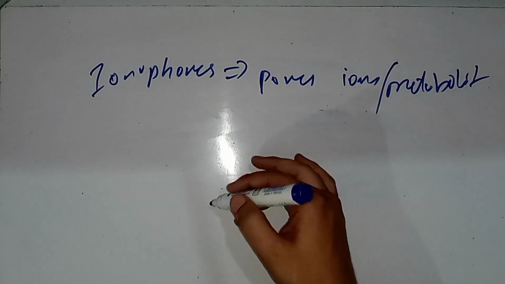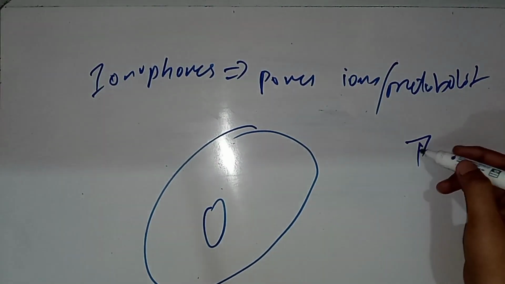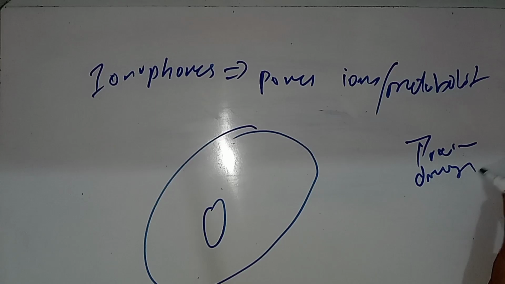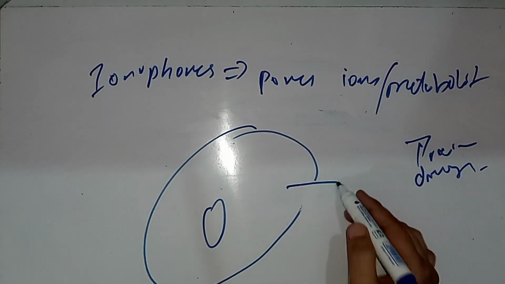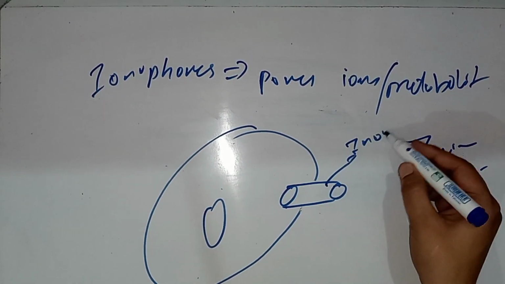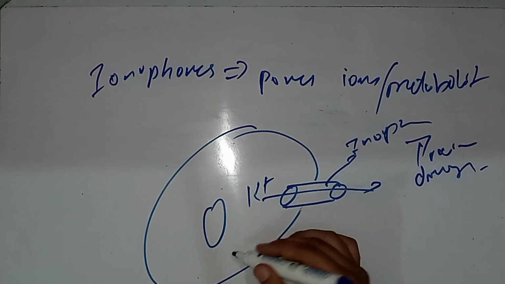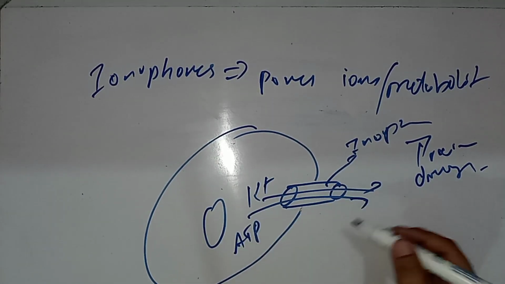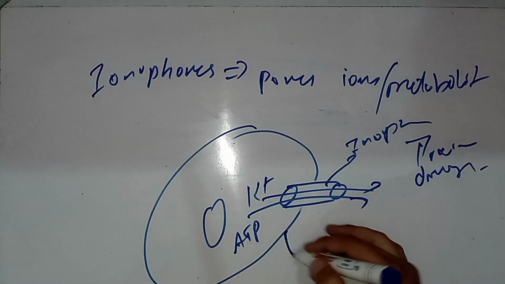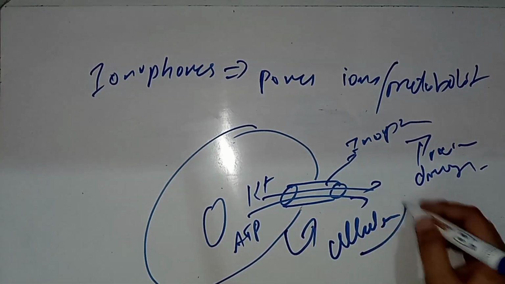So this is a cell here, and different kinds of toxins as well as drugs and certain bacteria can create specific pores in the cellular membrane and form specific channels which are called ionophores. These channels can cause the movement of potassium outside the cell, or movement of ATP or other cellular material to diffuse outside the cell, and this can lead to cellular death due to depletion of these essential cellular materials.